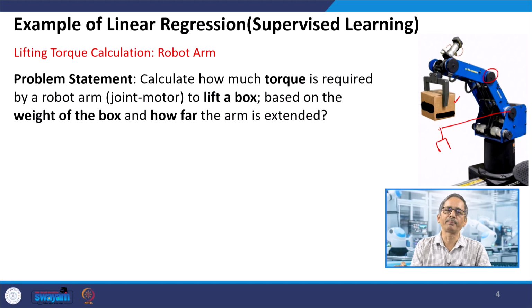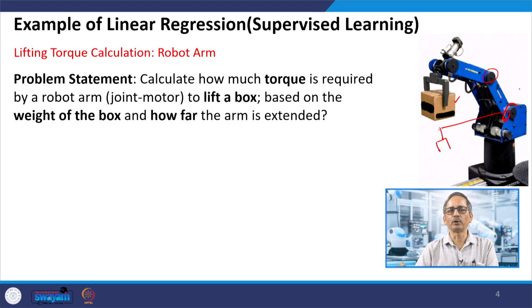Here my problem statement is: how much torque is required by the robot arm, that is, this joint motor, to lift the box, based on the weight of the box and how far the arm is extended.